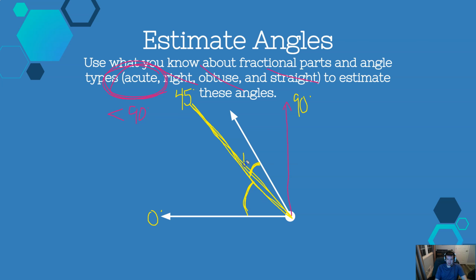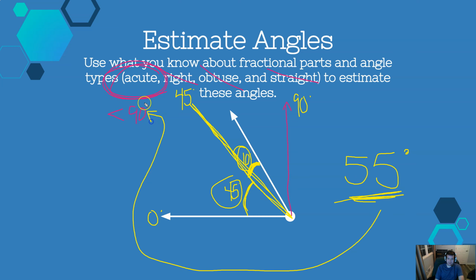Maybe you add another 10 degrees to it, right? If you think back to the one that we just did, from here to here, that turn was about 10 degrees, like what we added on the last one. So we might say, here's 45 degrees, plus another 10 degrees, that'd be about 55 degrees. Now think, does that make sense? Yep, because it's less than 90, and we said it's acute.